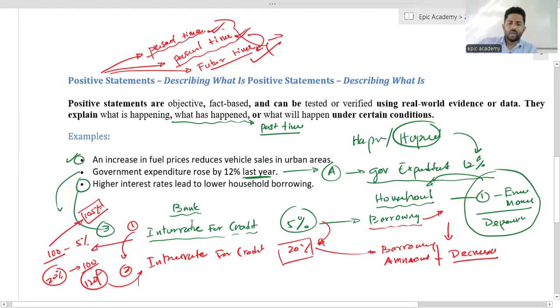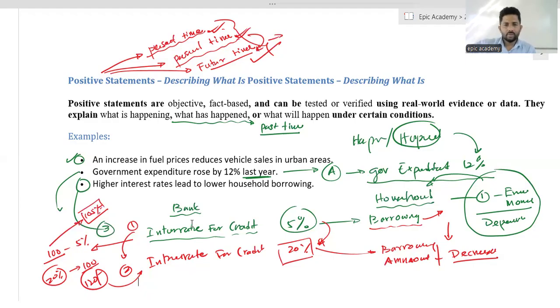Okay, you can see the central bank data, and you can create the evidence. You can check it. You can verify it. You can test it. Those belong to positive statements.